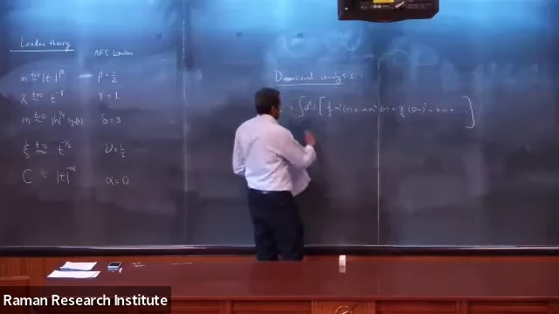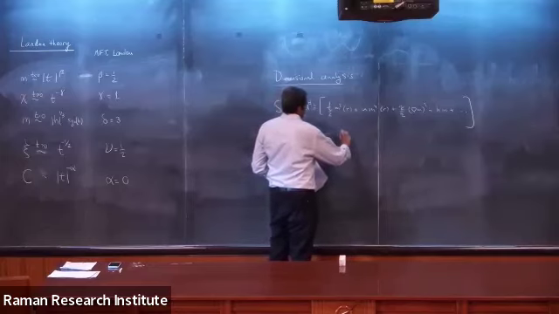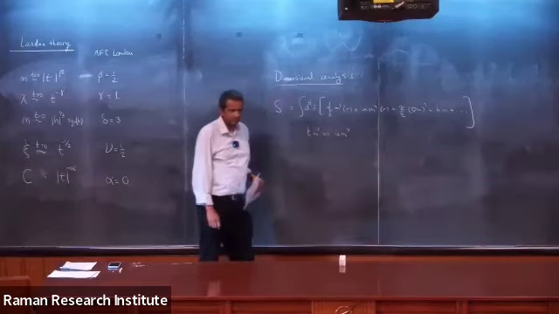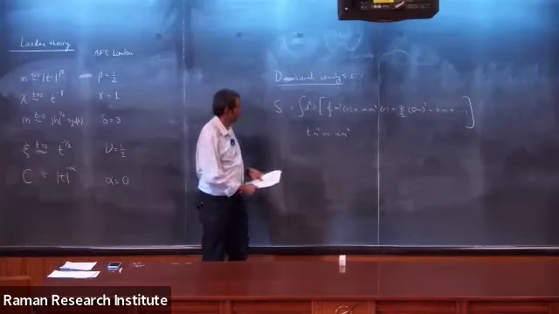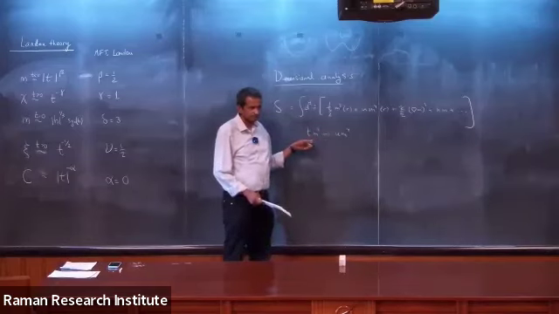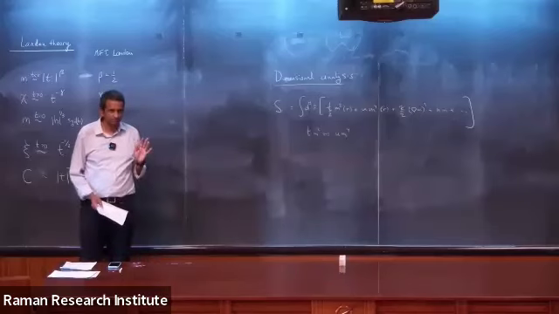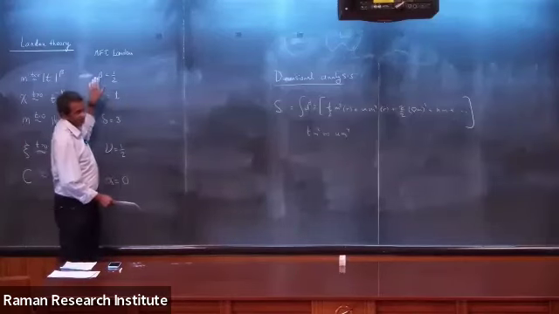I equate t m squared to u m to the 4. Then m squared must have dimensions of t over u, and that immediately tells me that m has dimensions like square root of t. That's what this exponent is.